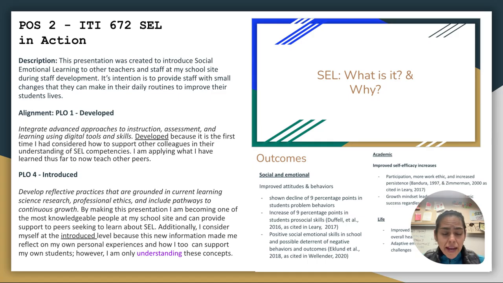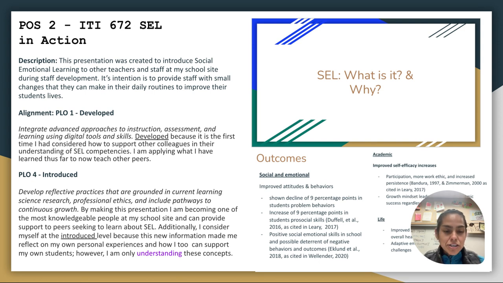I applied what I have learned thus far of SEL and learned enough to be able to introduce the subject matter to others. I also aligned this with PLO 4 as introduced because it asked to develop reflective practices.